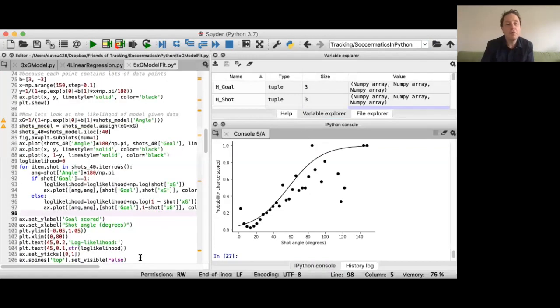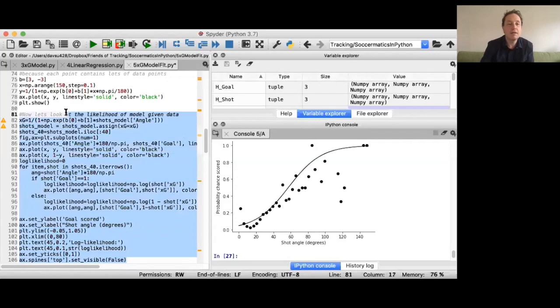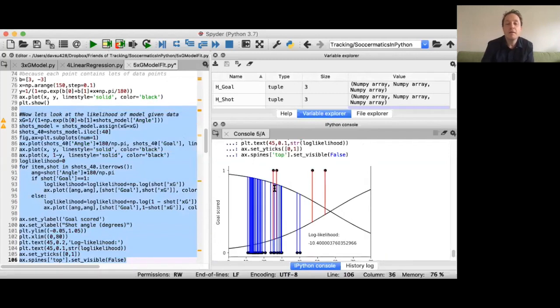Before I do the fitting, I'll just show you again the plot that I made in the presentation. This is how we do the fitting. These are the distances between the original points and these two lines, the line being the probability of scoring, which is the expected goals, or 1 minus the probability of scoring, which is the expected misses.